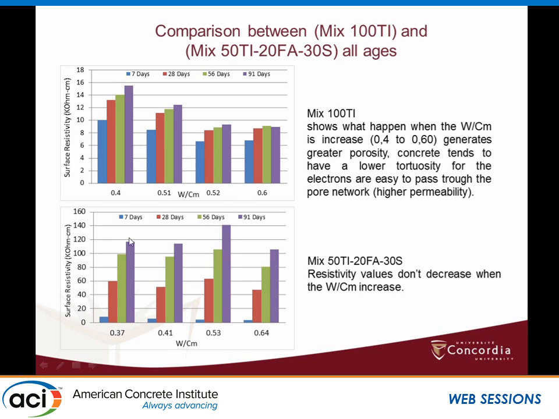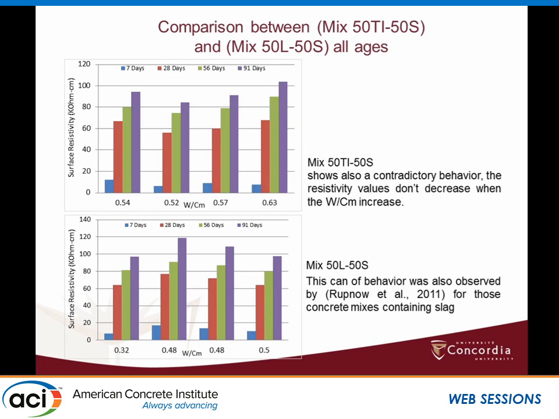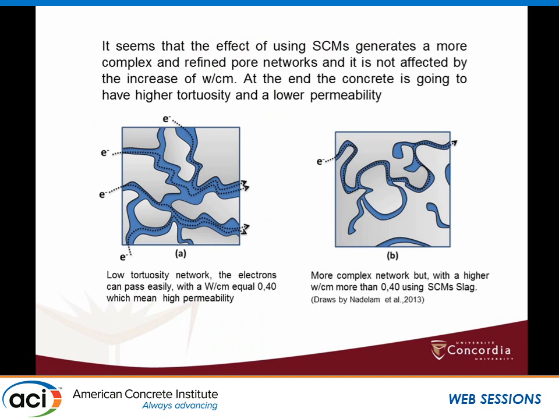You can see here 0.4 and an increase to 0.5, and 0.6 is quite similar. Also, we observed this in this other mixture. So it seems that when you are using supplementary cementitious material like slag, you are going to have a very complex network, but it's not going to be affected by increasing the water cement.